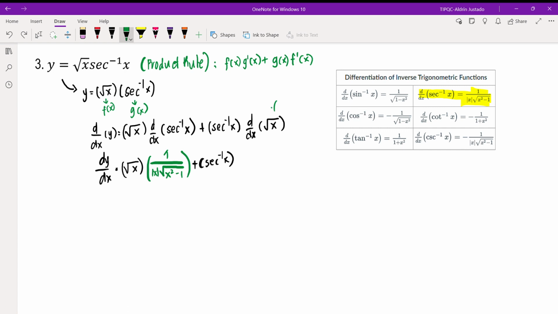The radical sign, we can write this as x raised to 1/2. So the derivative of x raised to 1/2 is equal to 1/2 times x raised to 1/2 minus 1. Okay? Ganyan lang.